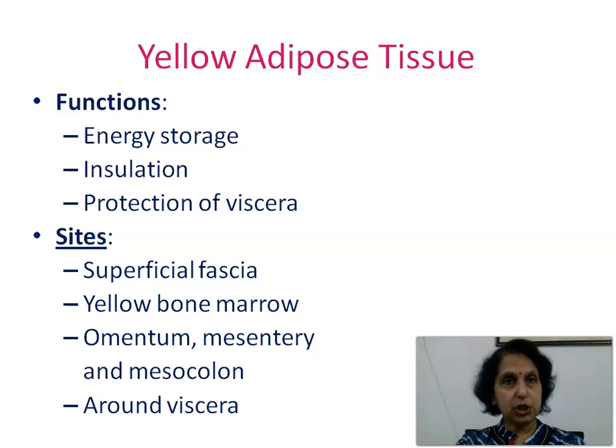What are the functions of the yellow adipose tissue? Energy storage, insulation, protection of viscera, and sites of the body where we see yellow adipose tissue are superficial fascia, yellow bone marrow, omentum, mesentery and mesocolon, and the fat seen around the viscera.